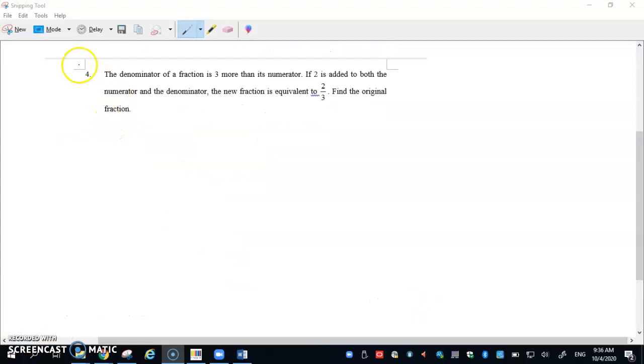Okay, so for question number 4 on page 17, we have this. The denominator of the fraction is 3 more than its numerator. And if we add 2 to both the numerator and denominator, the new fraction is equivalent to 2/3. And we are asked to find the original fraction.